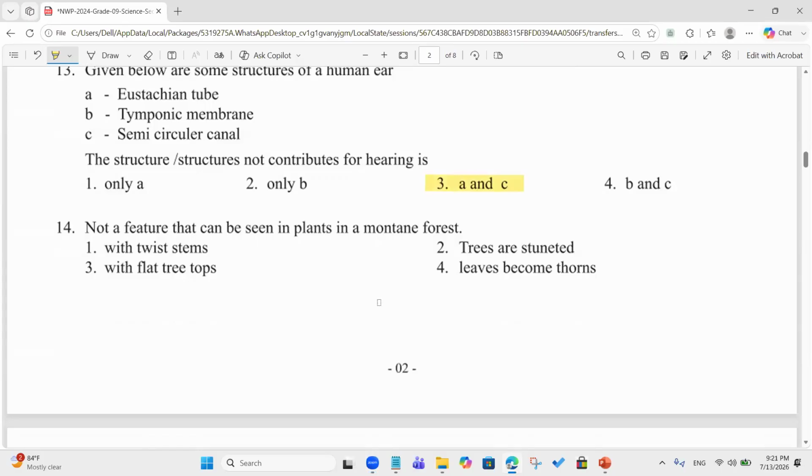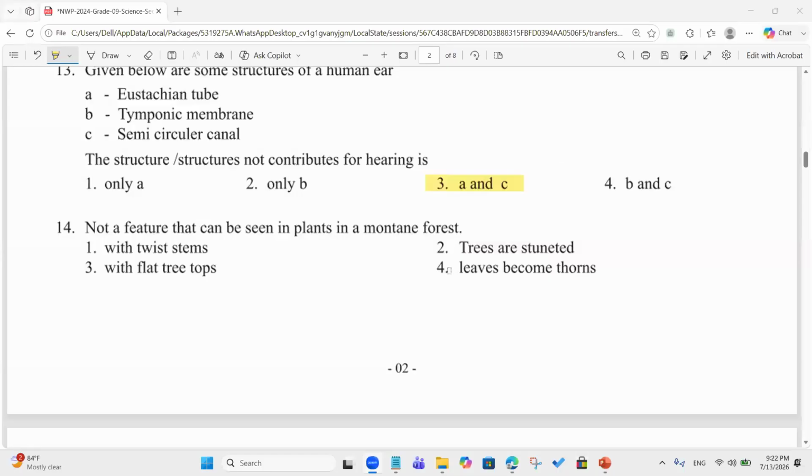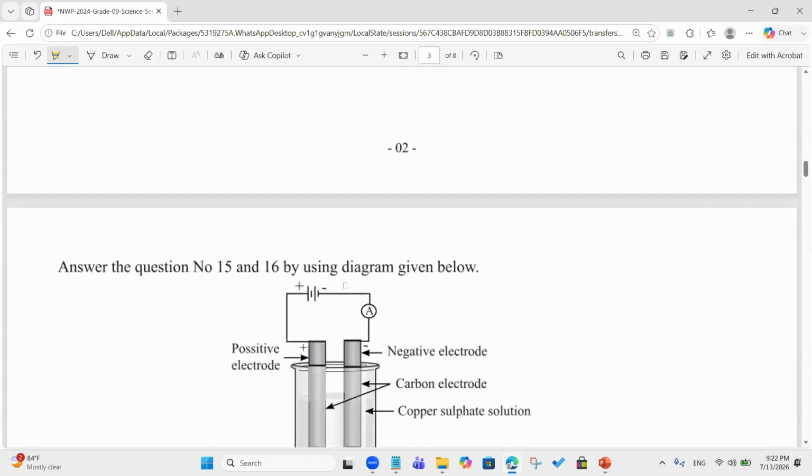See, this is an example for the montane forest, right? You can see the features, right? Twisted and stunted branches. Yes, that is correct, because thorny bushes are found in thorny bushes and scrublands, right? That environment is totally different from the montane forest, right?